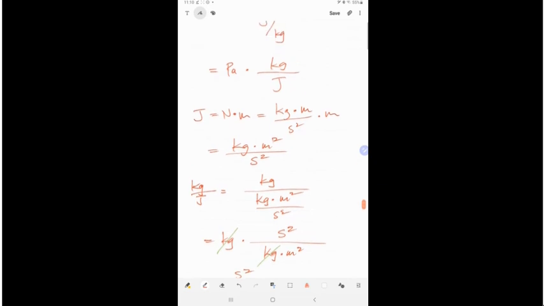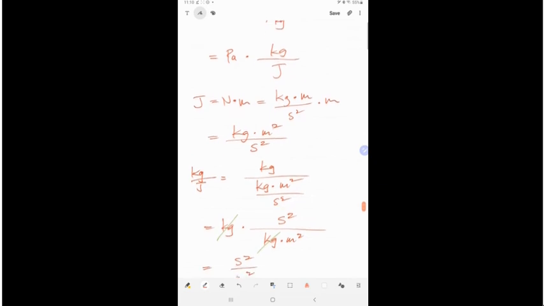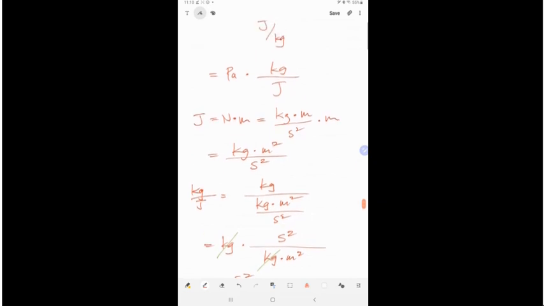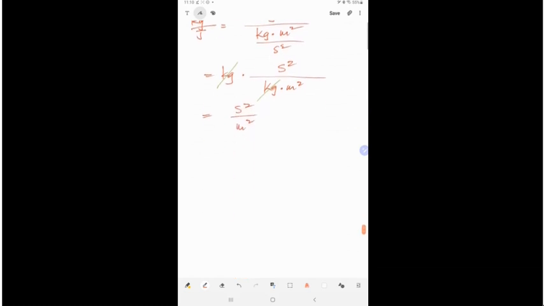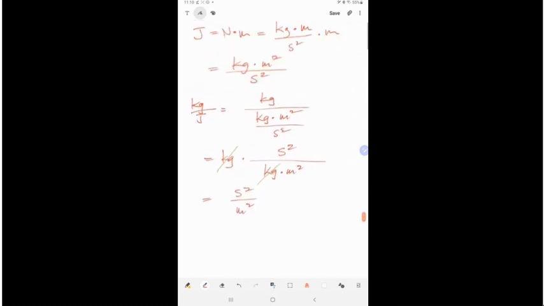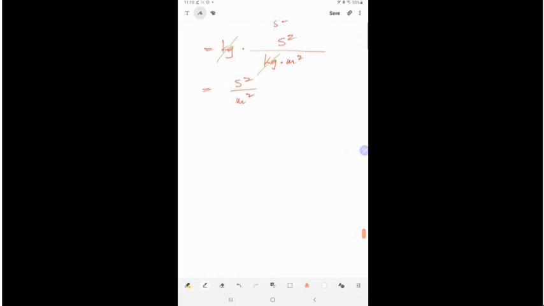Okay, so now we can go back to multiplying that by a Pascal. So now we're actually working towards the units for density. So we have a Pascal times seconds squared divided by meters squared.